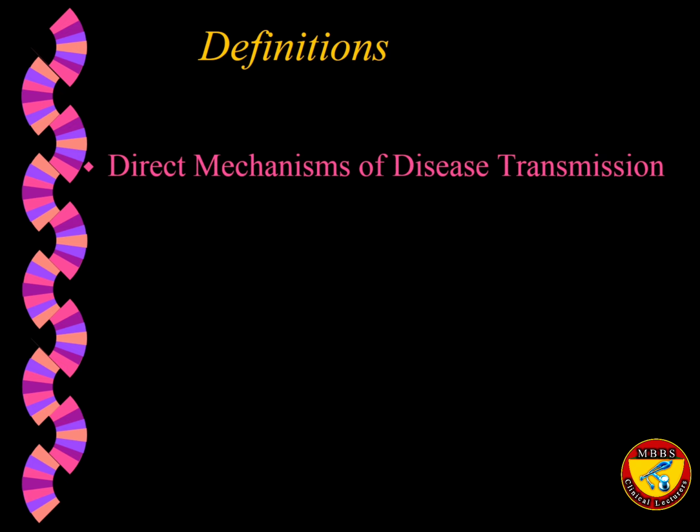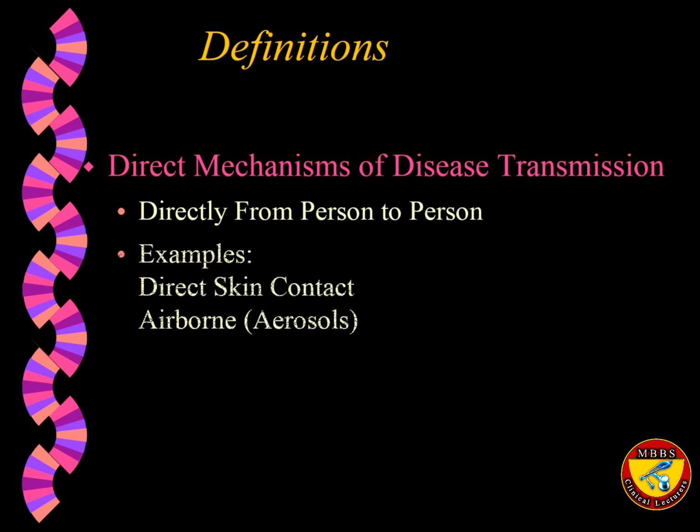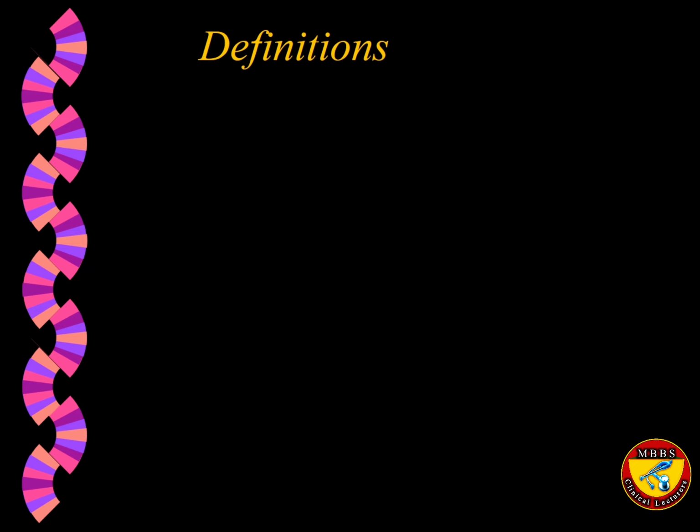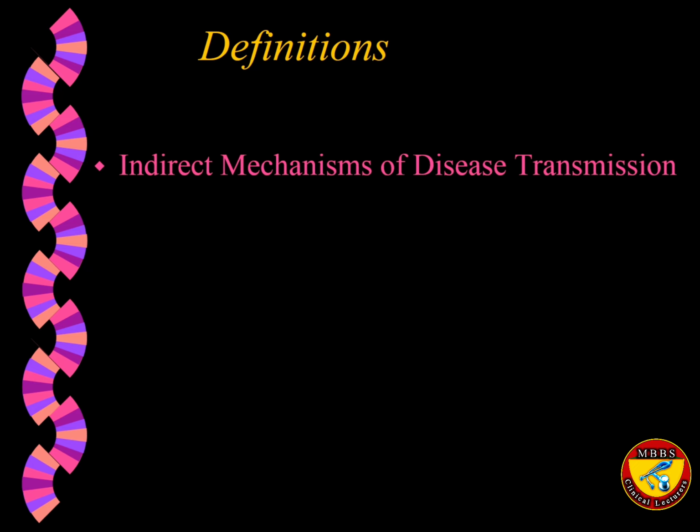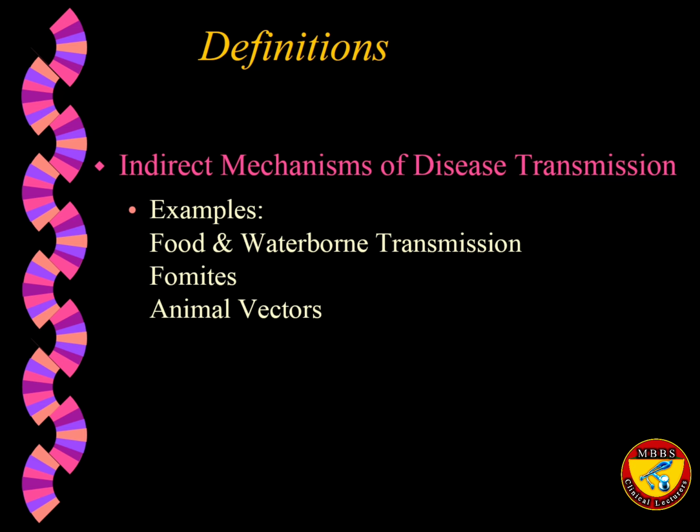Okay, now we'll come to the direct mechanisms of disease transmission: how these infectious agents spread from person to person. For example, certain skin diseases spread by direct skin contact or by aerosols which are airborne. Indirect mechanisms of disease transmission are, for example, food and waterborne transmission, like typhoid and gastroenteritis, rotavirus; all these are food and waterborne diseases.